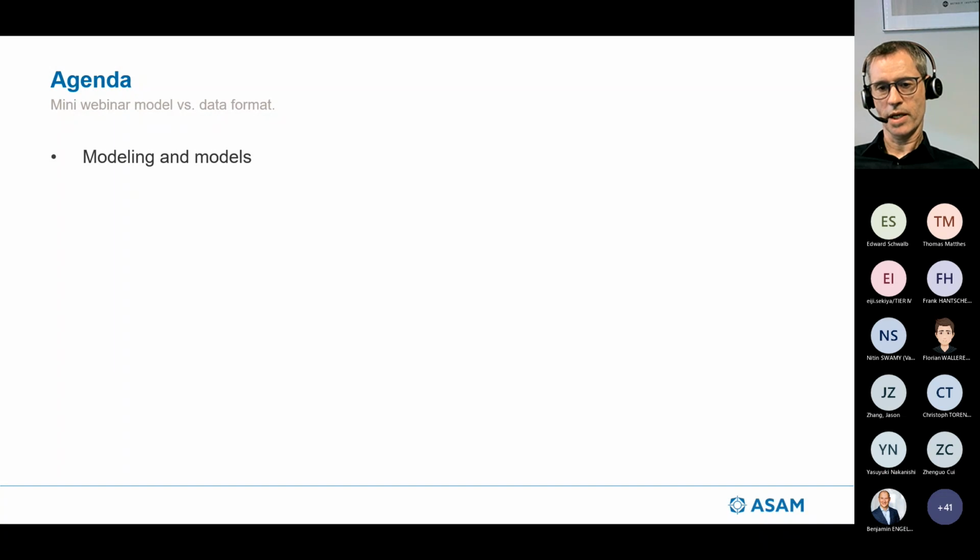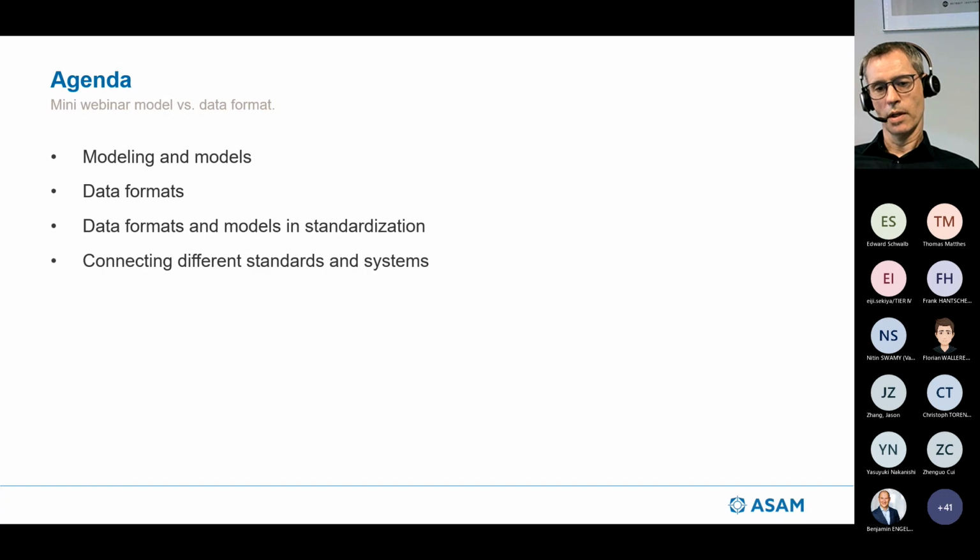modeling and models, the fundamentals of models, just to have a look at what the purpose of modeling is and what models are. Then, of course, data formats, and how we can encode our domain-specific objects with data formats. Then we let them play together in standardization: data formats and models, when we interconnect standards and systems with models and data formats.